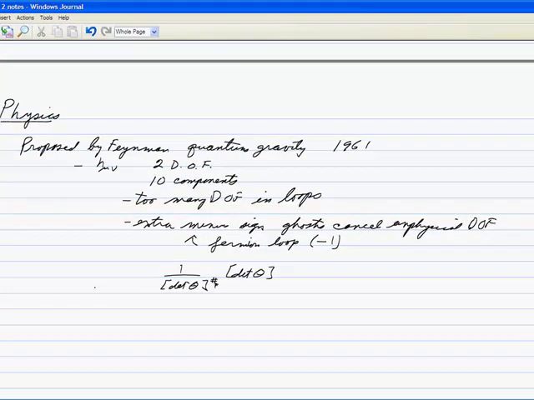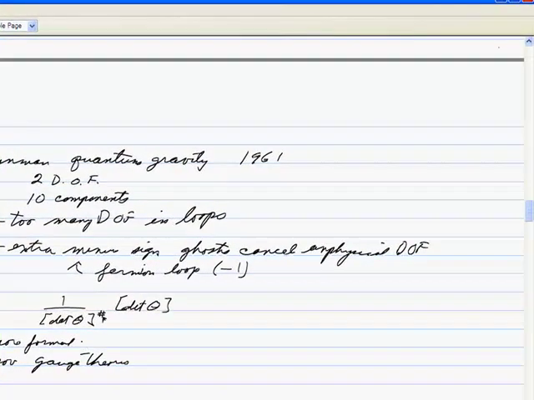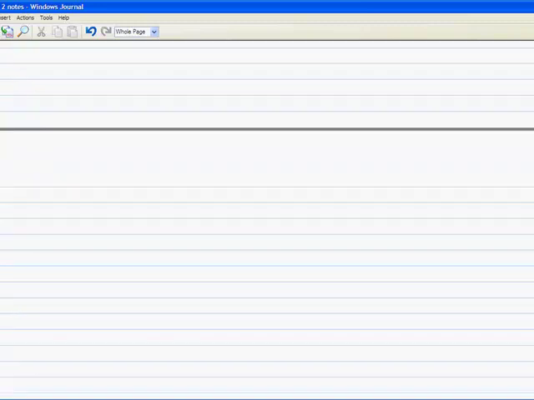So that was the original impetus, and that's the physics behind it. DeWitt very soon after made it more formal, and then Faddeev and Popov picked it up for gauge theories. So basically the idea is that the gauge loop minus the ghost loop ends up being the physical results.